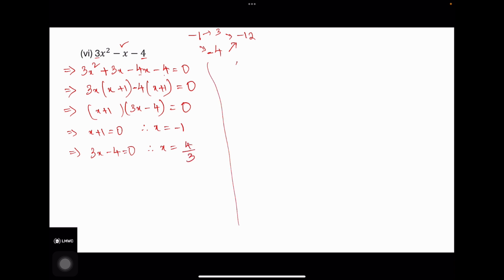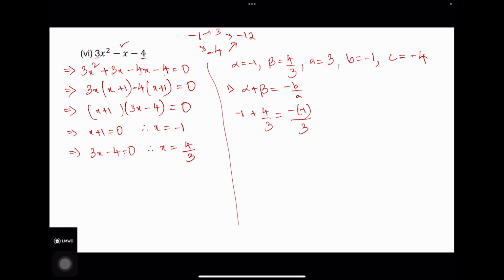So alpha is equals to -1, beta is equals to 4 upon 3, and a equals to 3, b equals to -1, c equals to -4. So the first verification, sum of the zeros, so formula is minus b upon a. So substitute the value, so alpha as -1, beta as 4 by 3, and b is equals to -1, and a is equals to 3.